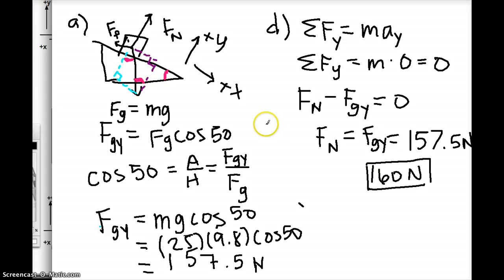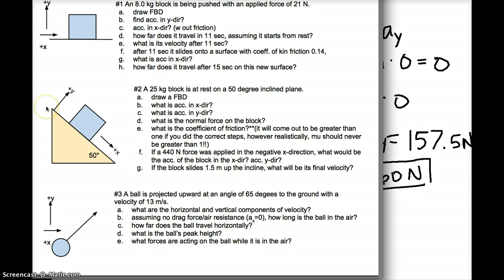just as an artifact of my numbers. Seeing that we get a mu greater than one actually tells us that it's impossible to have a 25 kilogram block sitting at rest on a 50-degree incline. There's just no material, no surface rough enough or sticky enough to allow that.